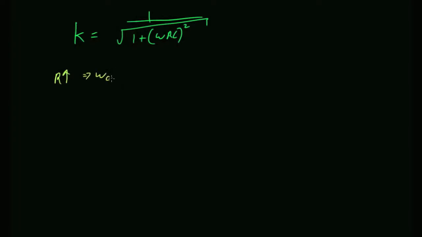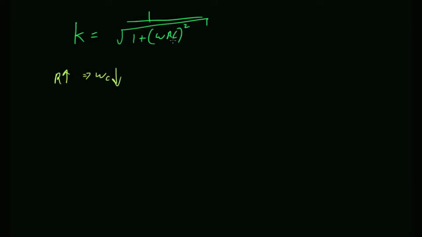Now look at this formula. If I double R, or if I double C, does it make any difference to the equation? No. R and C are tied to each other. So doubling the capacitor should have exactly the same effect as doubling the resistor, because they're sitting right next to each other in the equation.